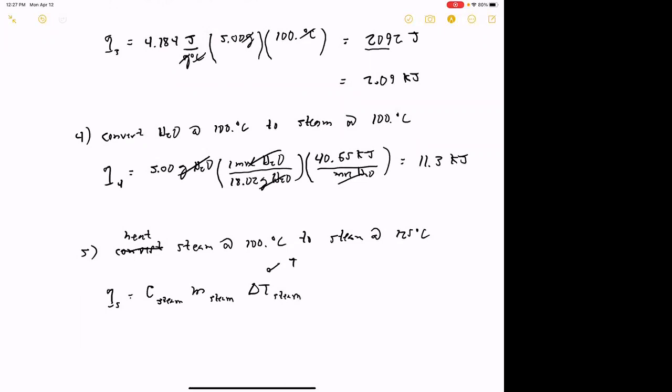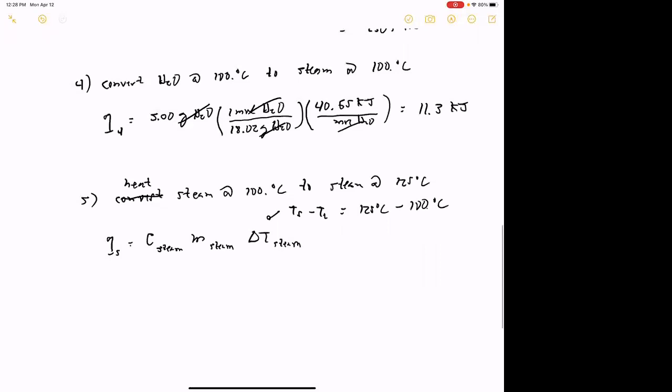Remember, delta T is T final minus T initial, which in this case is 125 degrees Celsius minus 100 degrees Celsius. Okay, so we can calculate what that should be.